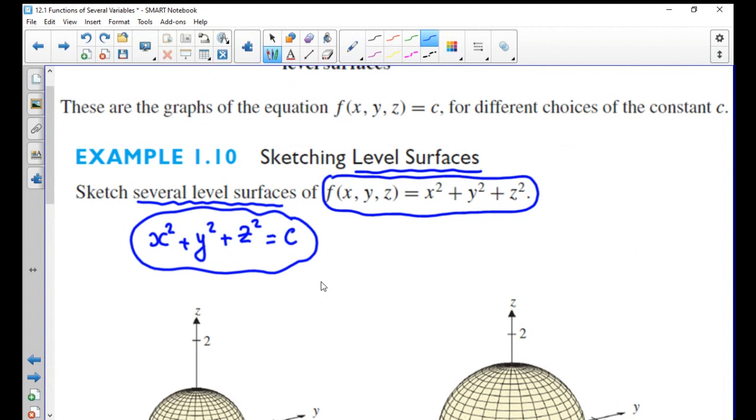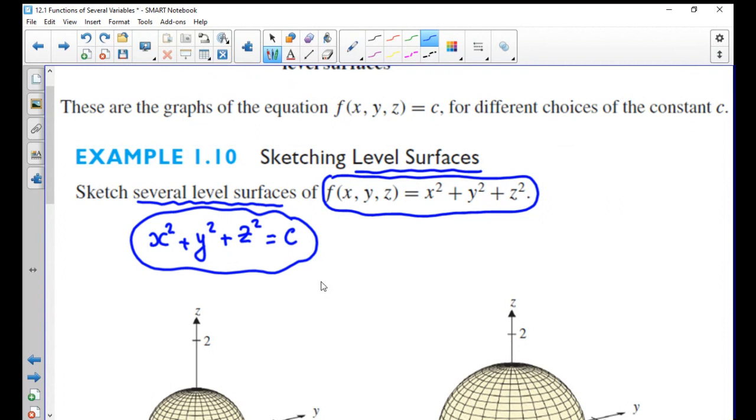And then you choose different values of c. And you can see that for each value of c, what is the surface? It's a sphere. Yes, it's a sphere centered at the origin with a radius of square root of c, whatever.